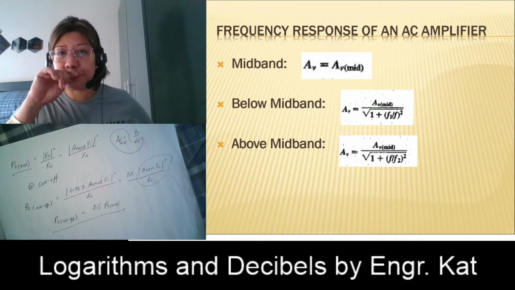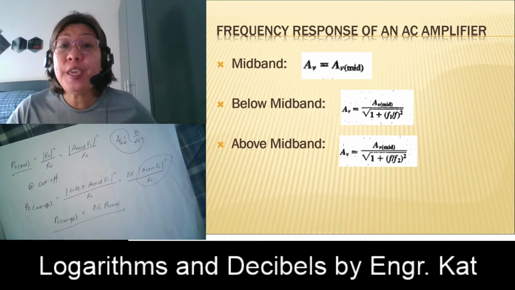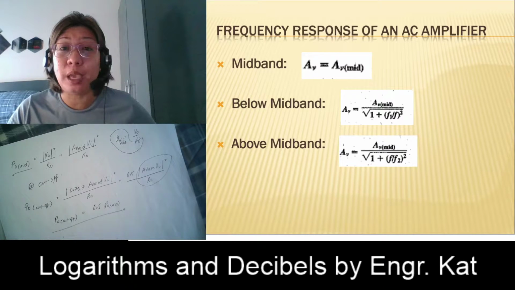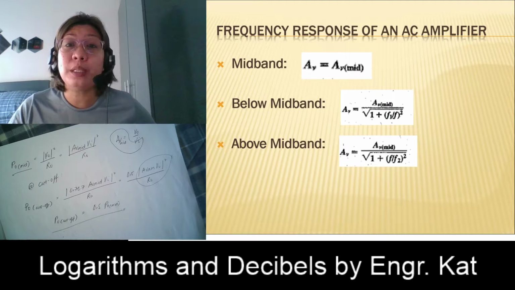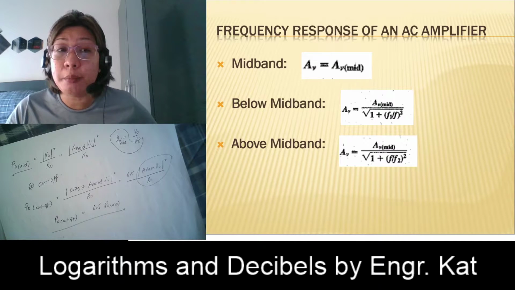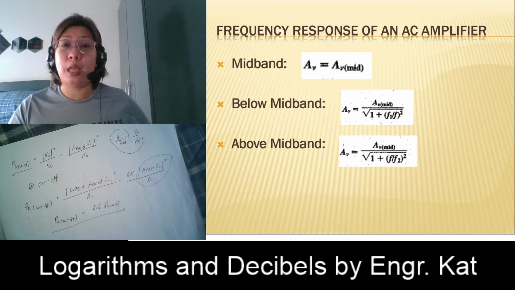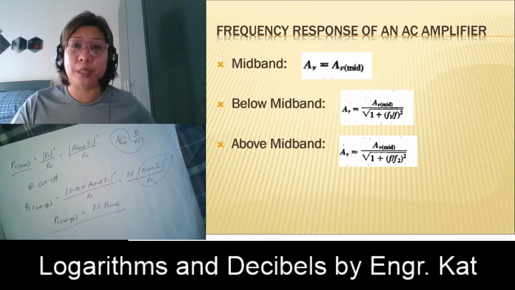But if your F here is greater than F1, this will not give us a very, very high value. Therefore, it will not affect your AV mid. So your F here must be lower than your F1, and your F here must be greater than your F2, because your F1 and F2 are your cutoff frequencies.